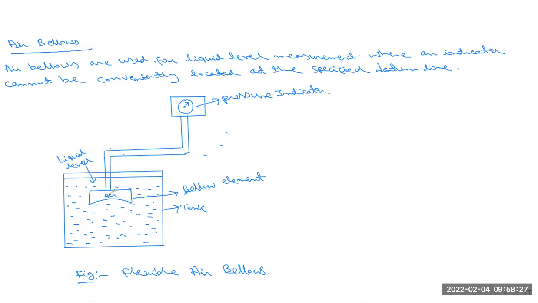So you use the pressure of the air in the bellows system to measure the liquid level inside the tank. Is it okay, all of you? Jatin, is it clear? Yes, sir.